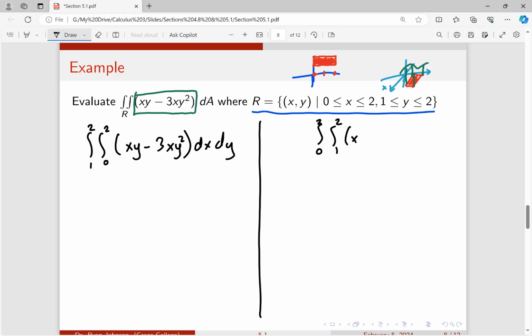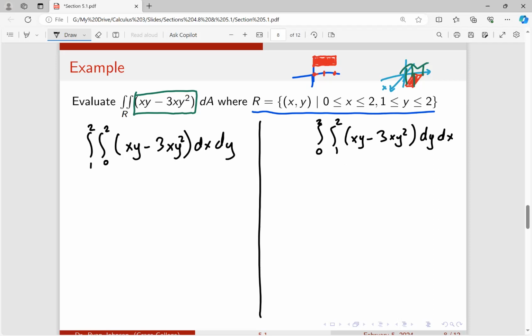The inside stays the same, minus 3xy squared, but then the dx dy becomes dy dx instead. Okay, so according to Fubini's theorem, I should get the same answer either way I do this.